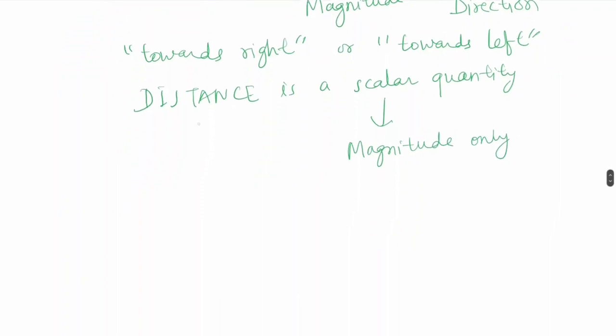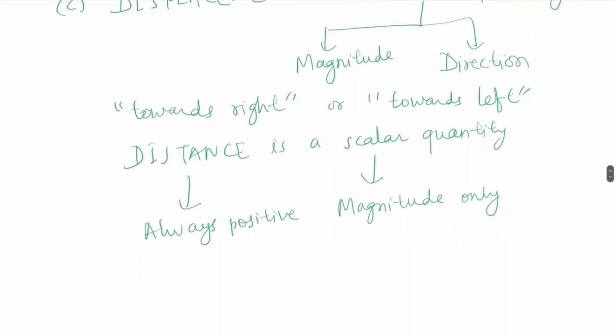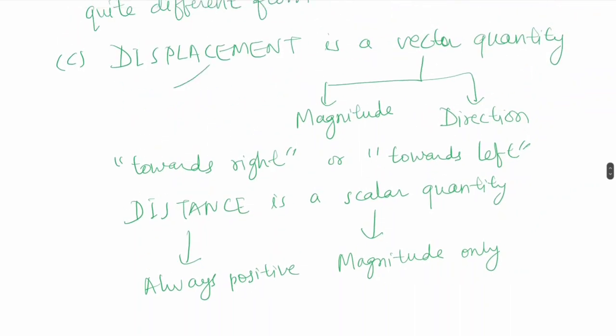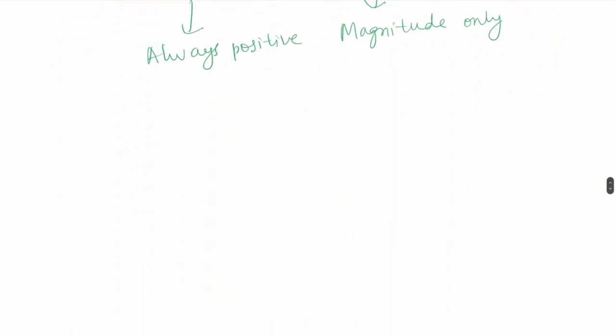So distance is always positive, whereas displacement can be positive as well as negative depending on the direction in which the particle is displaced and our convention. All of this example involves the use of x-axis. If the motion is along the y-axis, if the motion is in the vertical direction, we can choose y-axis.